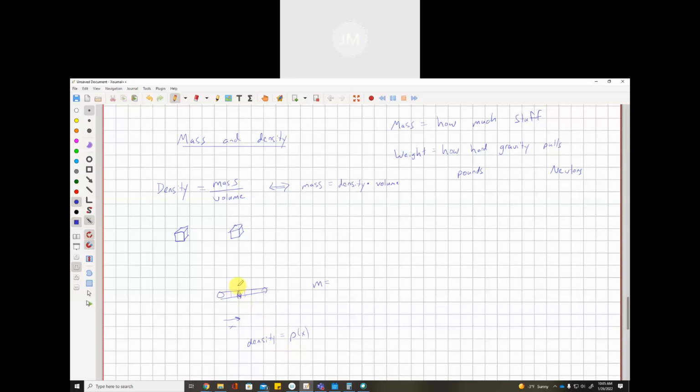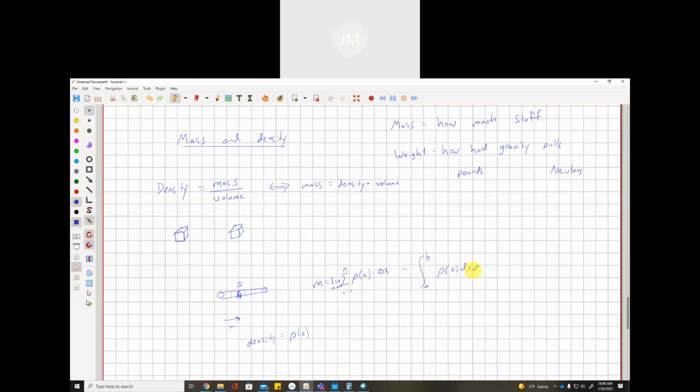Looking at this thin object, I take this rho of x and multiply it by the thickness of that piece. We add them up, and then we take a limit. So then we get a nice formula: mass is the integral of density. Again, we get to this idea of building up an integral.